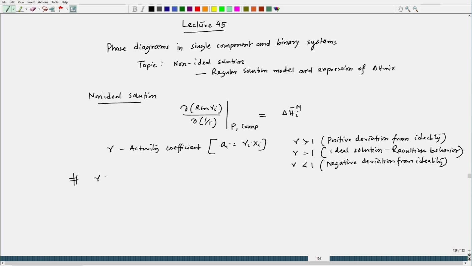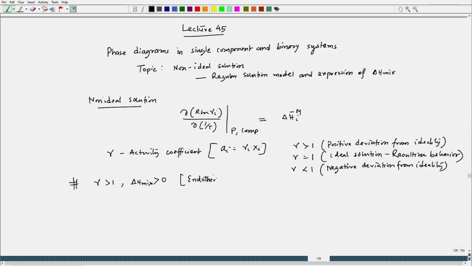And we have also seen that when gamma is greater than 1, del H mix is greater than 0, or it is endothermic. It means the solution formation is endothermic, the solution system will accept heat from the surroundings. And second, when gamma is less than 1, del H mix is less than 0, and that is exothermic.